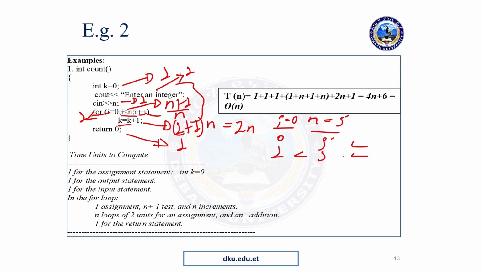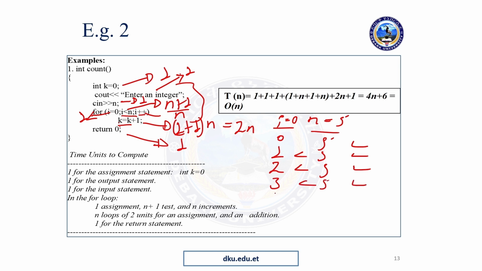So it will be checked again, and the value of I is incremented by 1, so the value of I will be 2, then 2 less than n, which is true. And the value of I will be incremented to 3, then 3 less than 5, which is true.